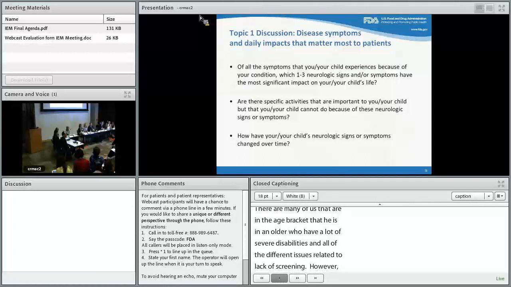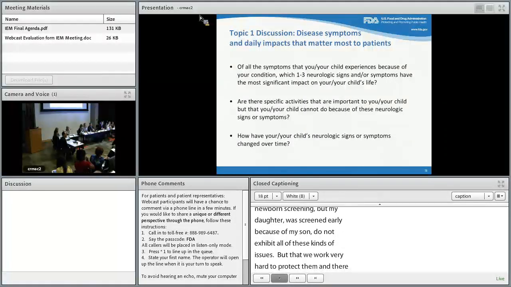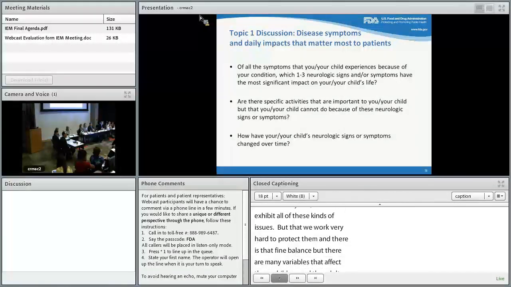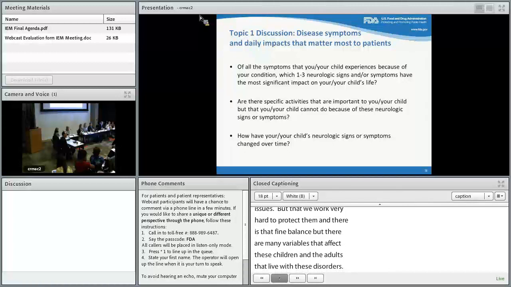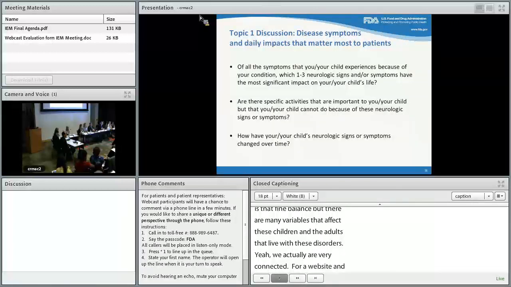However, many of the ones coming through with newborn screening, my daughter was screened early because of my son, do not exhibit all of these kinds of issues. But then we work very hard to protect them, and there is a fine balance. There are many variables that affect these children and the adults that live with these disorders. So yes, we actually are very connected through a website, through the listserv, and Facebook pages as well. And we have a family conference coming up this summer here in DC.